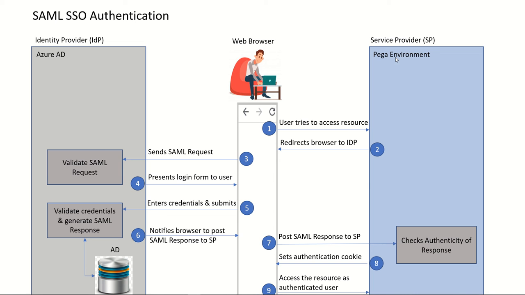That means the SP will redirect it to the browser. This is a very important point. Never think of it as the service provider directly redirecting you to the identity provider. No, the service provider is redirecting it to the browser, and then the browser redirects to the identity provider, Azure AD, with a SAML request, and that is exactly what we have seen on the SAML Tracer.